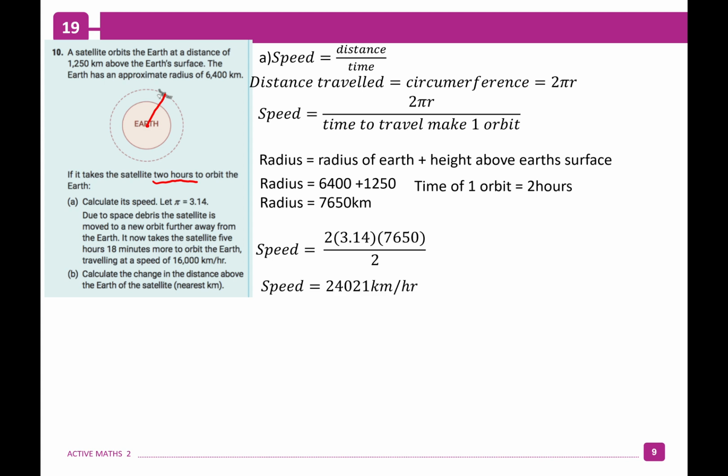That means our speed is equal to 24,021 kilometers per hour. So we know our unit is kilometers per hour because our distance is measured in kilometers and our time was measured in hours.